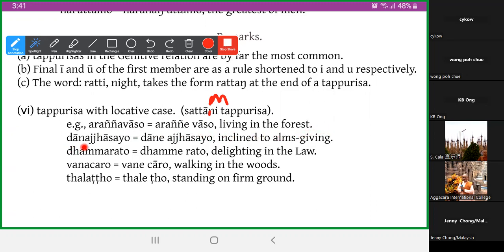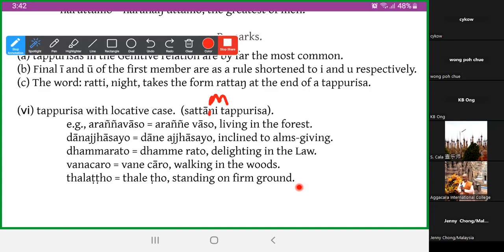Dane Jasayo, inclined to almsgiving. Dhamme rato, delighting in the law. Wane charo, walking in the woods. Thalatthito, standing on firm ground. Okay, now can you see what is dropped here?